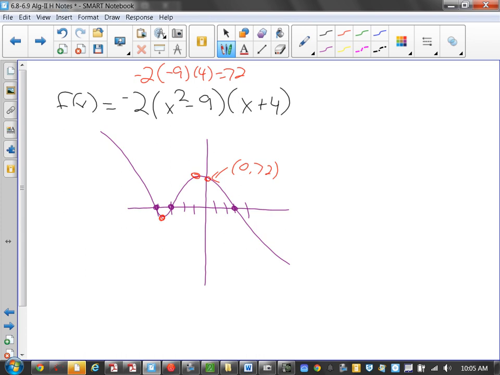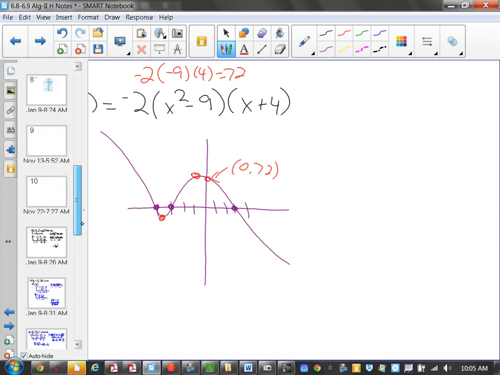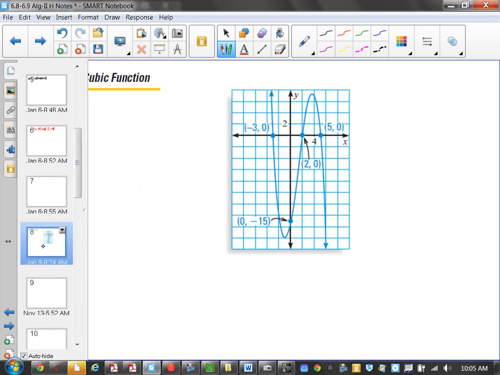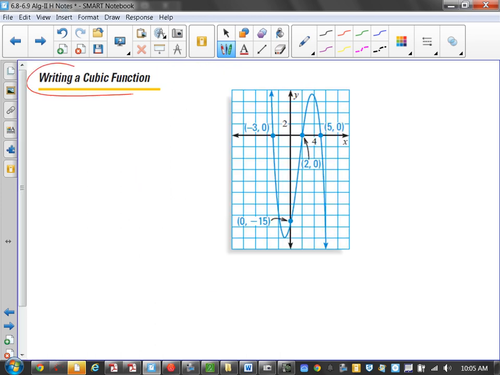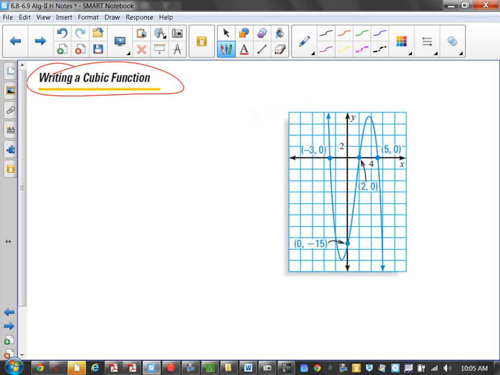Now, the last little bit of these things I want to do with you guys is to get you to write the equation given plotted out ordered pairs. I want to write the cubic function given ordered pairs.